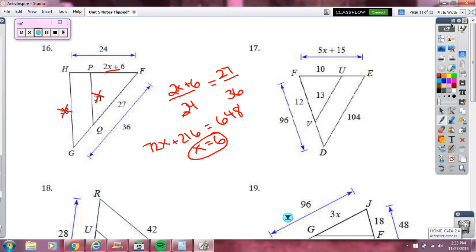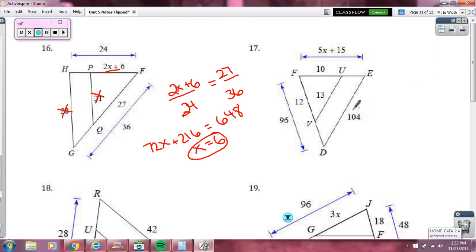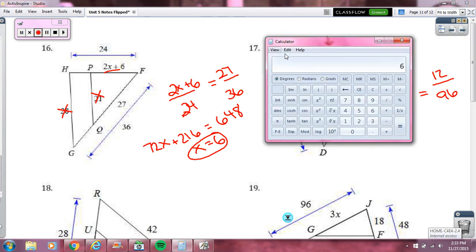Alrighty, moving on, look at 17. I could do the same kind of thing. Here's the x, what I need to figure out, what I don't know. I see over there 10 and 5x plus 15 is like the whole length. On the opposite side, I see 12 is the little one, and then 96 is the whole length. So those relationships should be the same. Let's calculator it out.